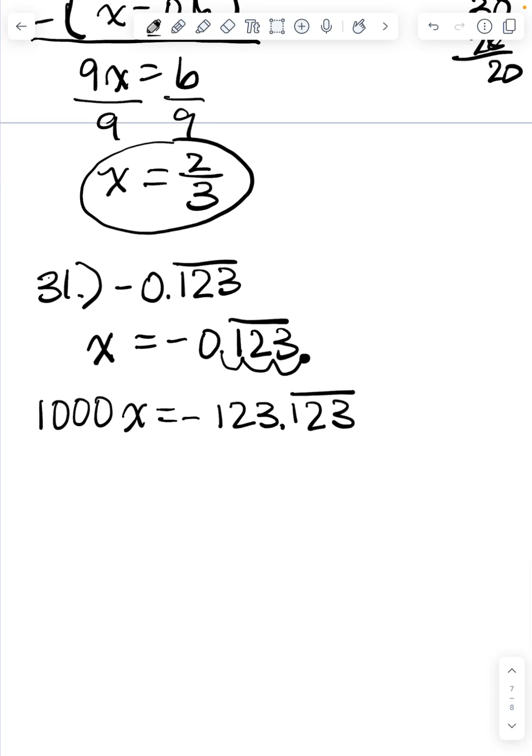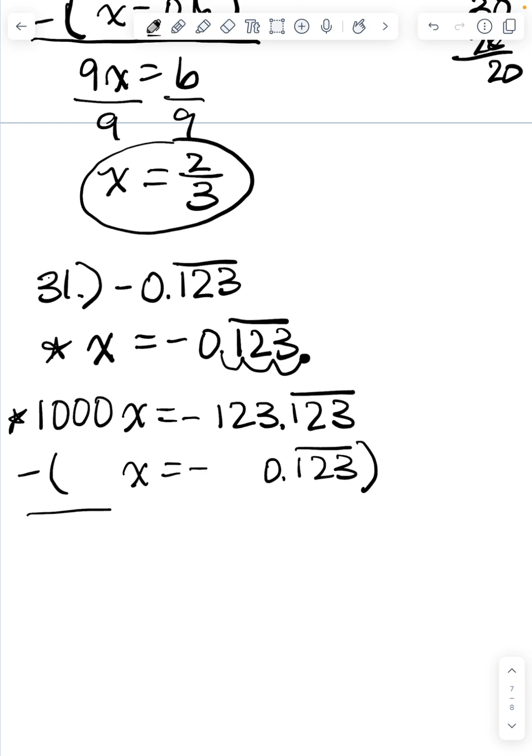Now I'm going to subtract the new equation and the original equation. So minus x equals negative 0.123 repeated. So we're going to end up with 999x equals, repeaters are subtracted out. Okay, so they did not put the negative in here.